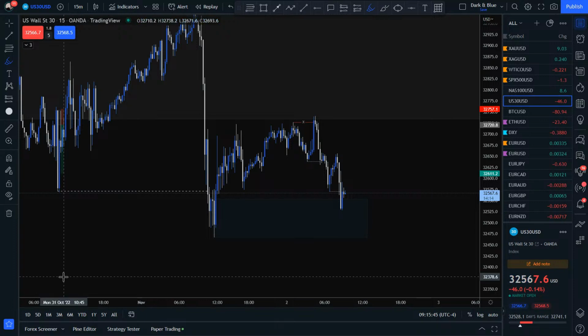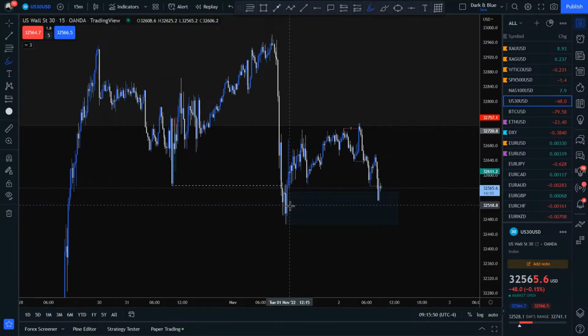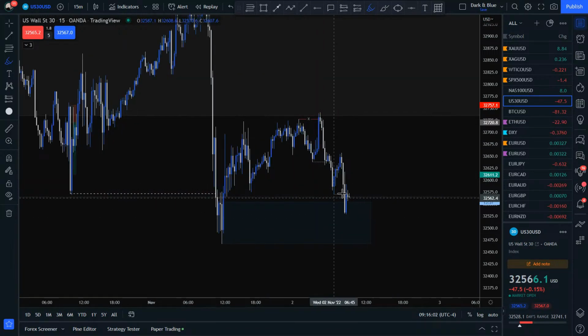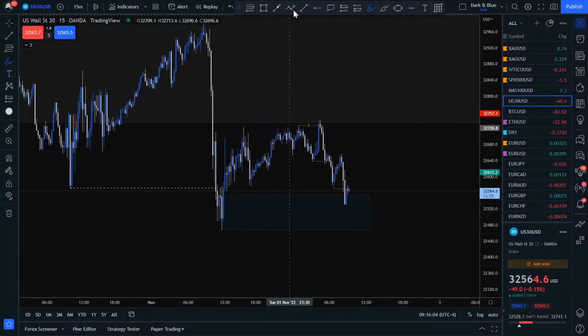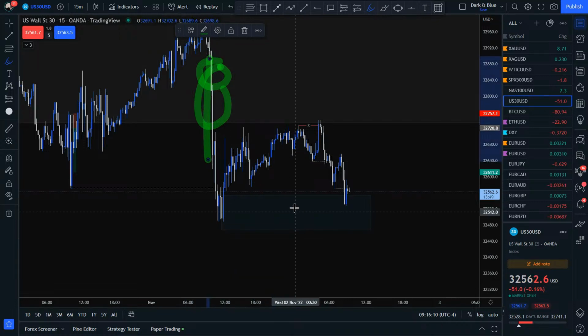So, everybody on board with that? We are responding to demand right now. We got 15 minutes towards the New York Stock Exchange open. This is an inefficient price move, right? This whole move, and price likes to rebalance that which is imbalanced. This is an imbalance here.